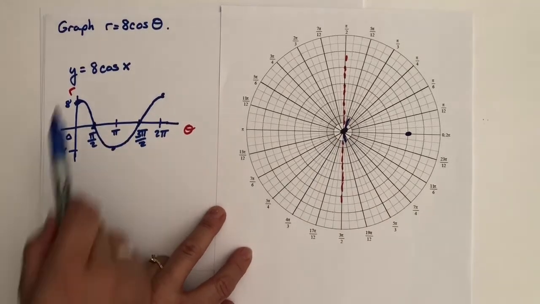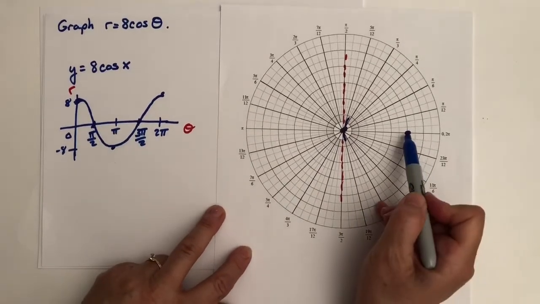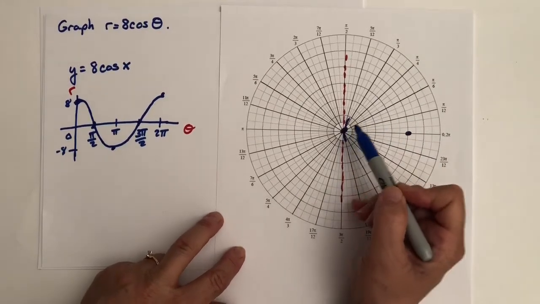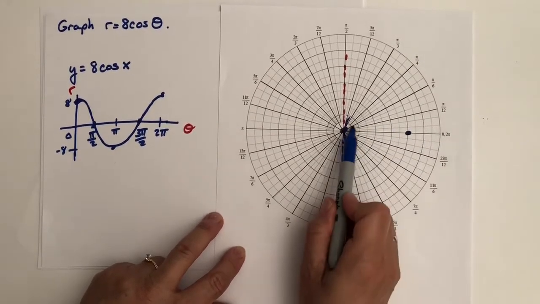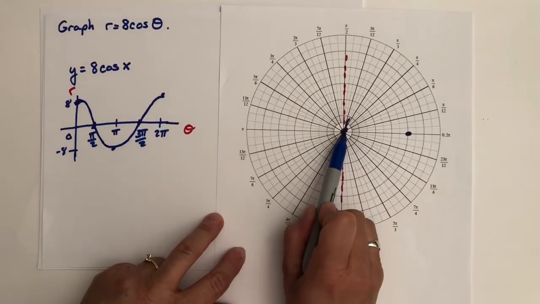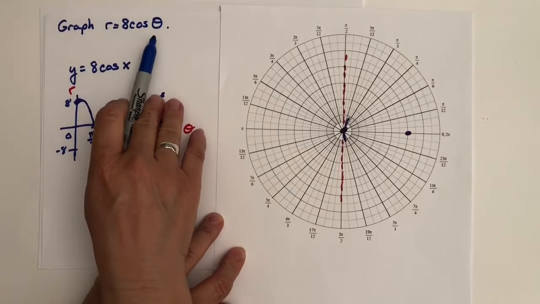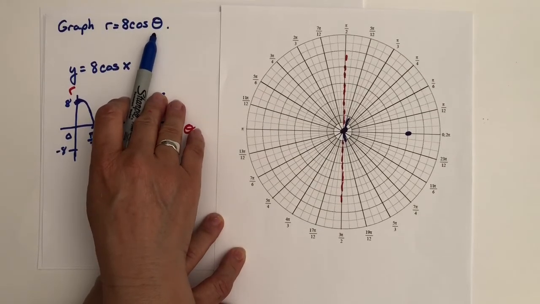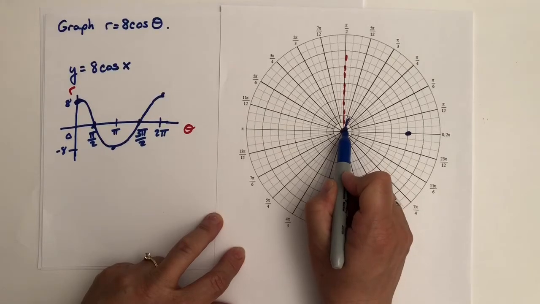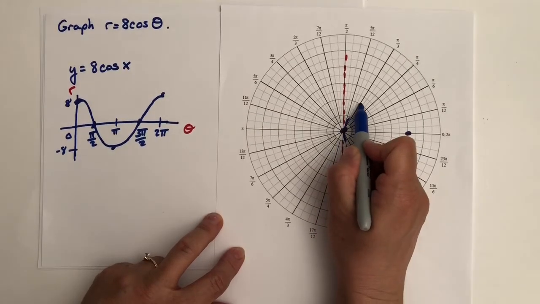And I hope you recognize again that this is a circle. So we know what it looks like already. It comes this way. You can plot a point if you like to make sure the circle looks a little bit better. I'm going to put in pi over 3. Cosine of pi over 3 we know is a half. A half times 8 is 4. So at pi over 3, I'm at 4, right here.